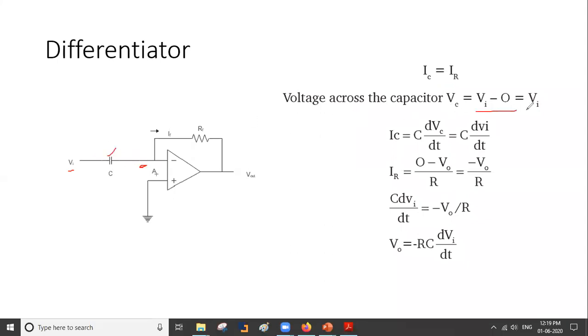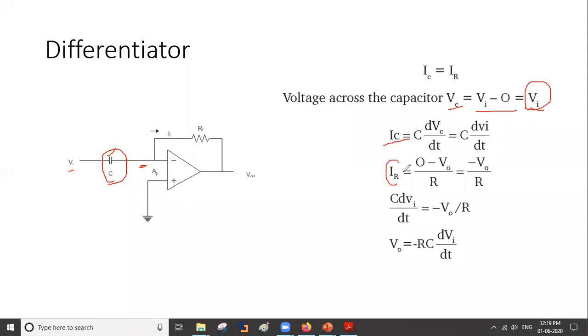The current flowing through this capacitor is, you know the equation for current in a capacitor, capacitance value into rate of change of voltage across the capacitor. So C into dVc by dt. You know the value of Vc, that is the input voltage. So C into dVi by dt is the current flowing through the capacitor.